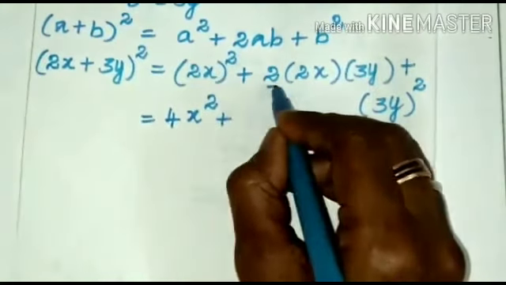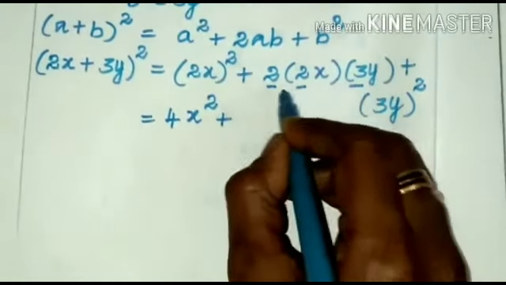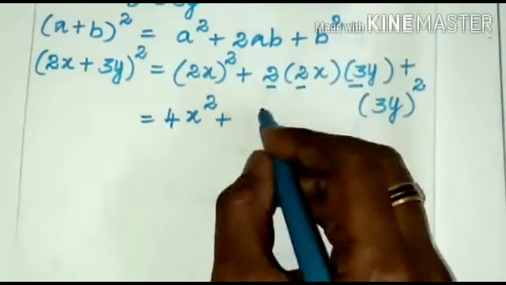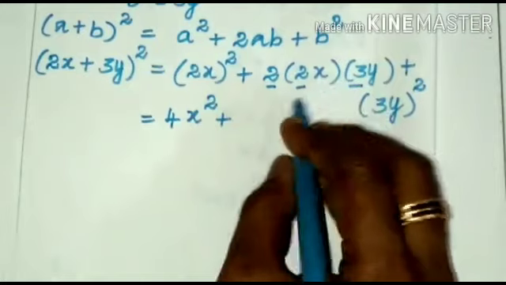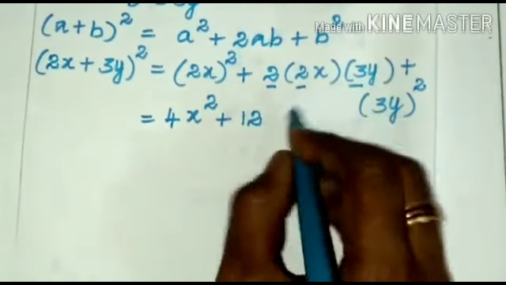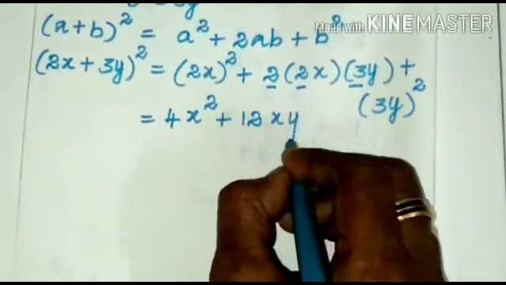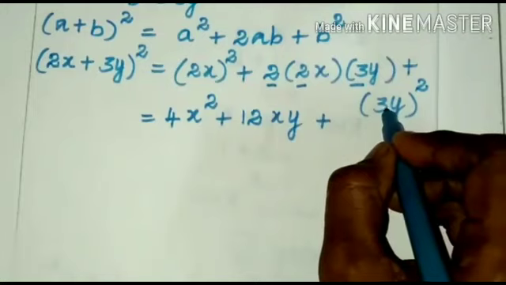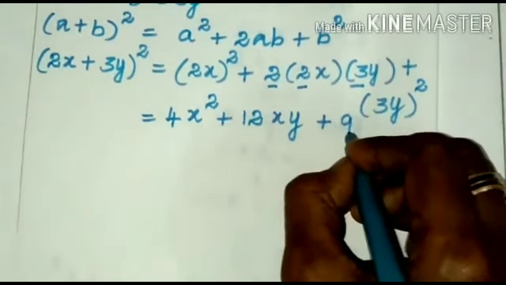Then we have to multiply the numbers first. So what are the numbers? 2 into 2 into 3. 2 2s are 4, 4 3s are 12. Then you multiply the variables x into y. So 12xy plus 3 square, that is 3 into 3, 9.